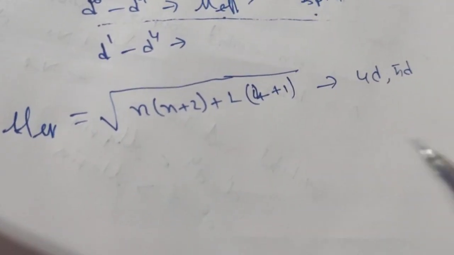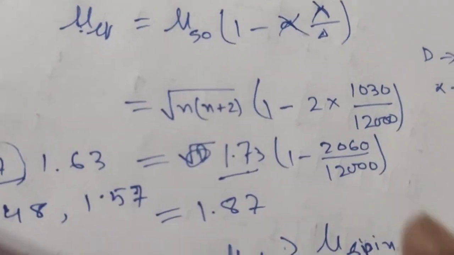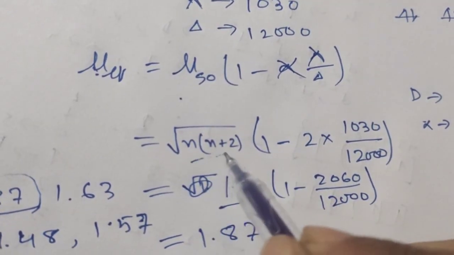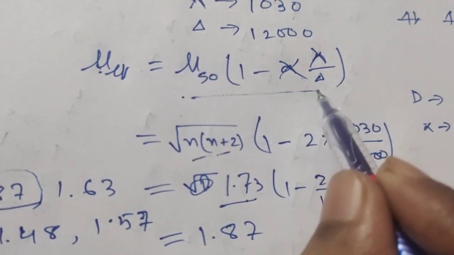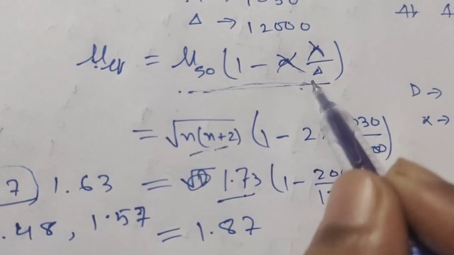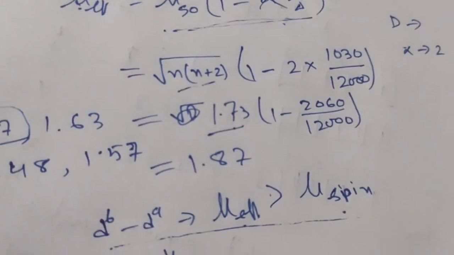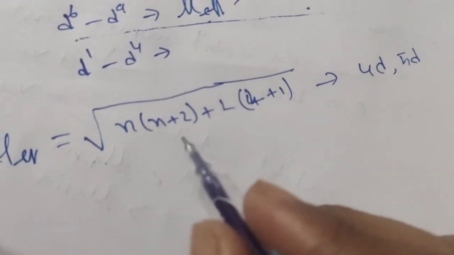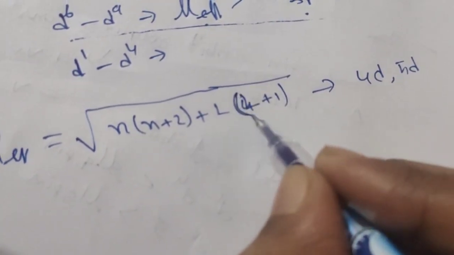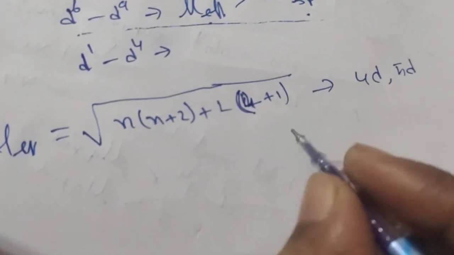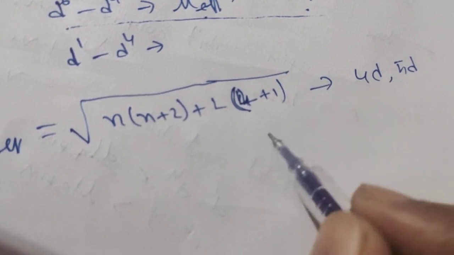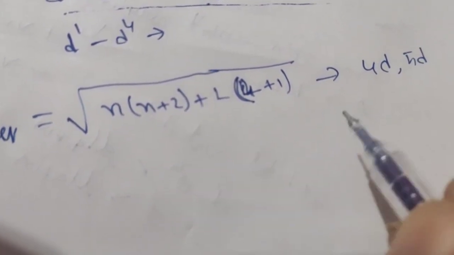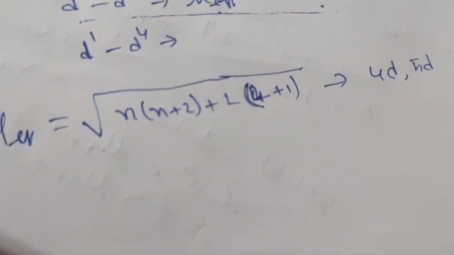For 3d elements, you need to remember just the spin only formula, and the one used if some orbital contribution takes place. They might give you confusing options like this, so remember that L into L plus 1 will come for elements other than 3d.